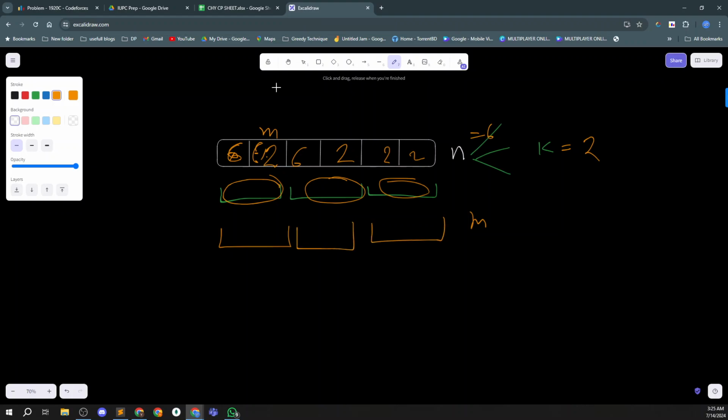And if we take m as 2, then it will be 0 0 0 0 0 0, and we can be sure that the subarrays are identical.